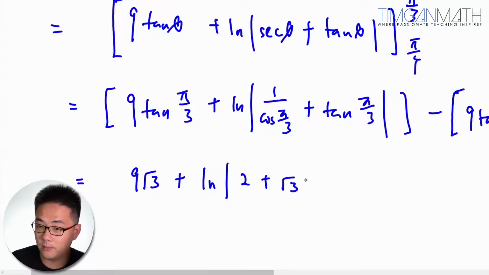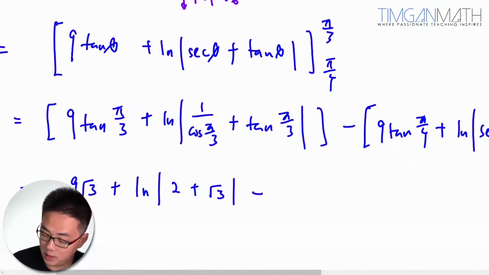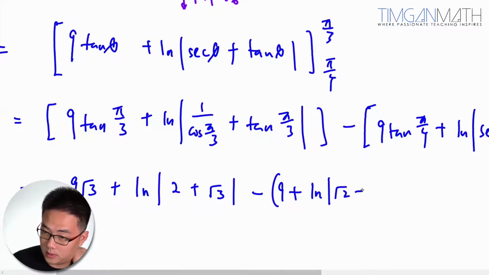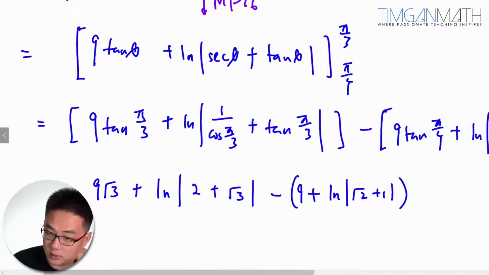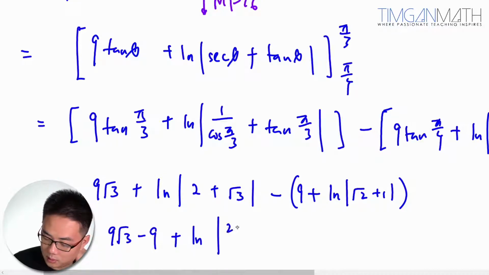This is 9 root 3 minus 9 plus ln of 2 plus root 3, over root 2 plus 1.